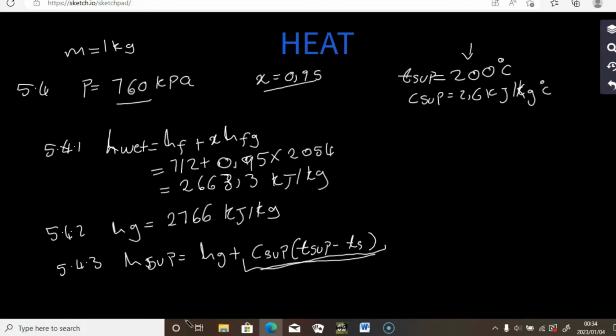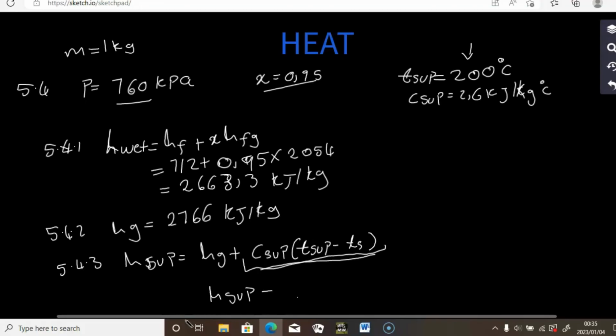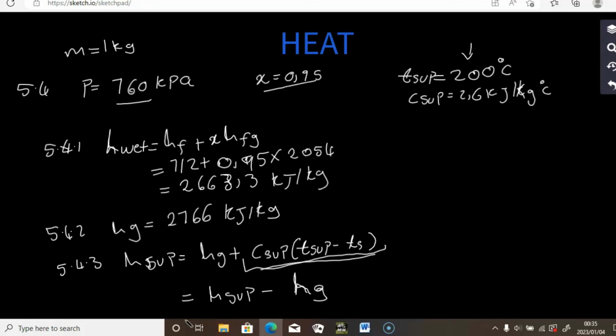But looking at the marks that they are giving us, which is 4 marks, it tells us that they are expecting us to use the formula H sup minus Hg. Not to say that you are not going to get the same thing if you were to use the other, but with 4 marks, we are supposed to go this way.